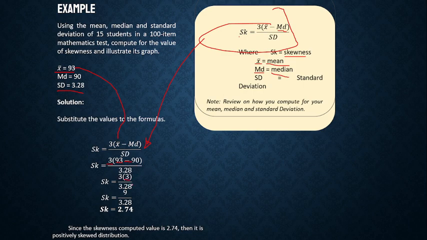Bring down 3, 3 times 3 is equal to 9, divided by 3.28, and 9 divided by 3.28 is equal to 2.74. So it means the skewness computed value is 2.74, then it is positive skew distribution because the result of this skewness is positive, positive 2.74. Okay? And that would be the example of the skewness.